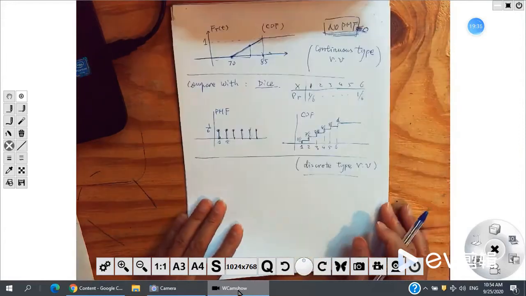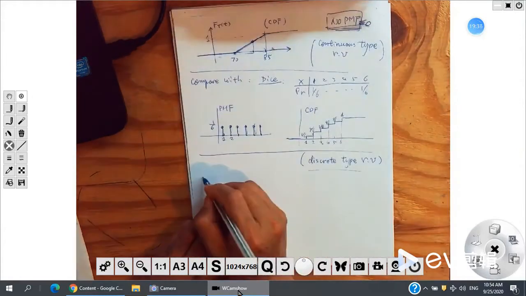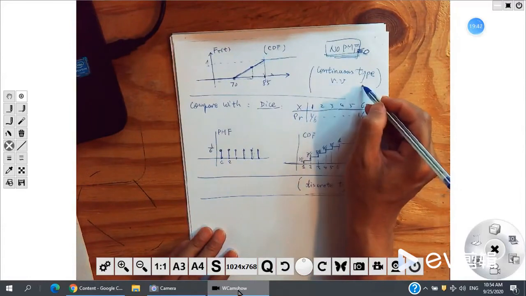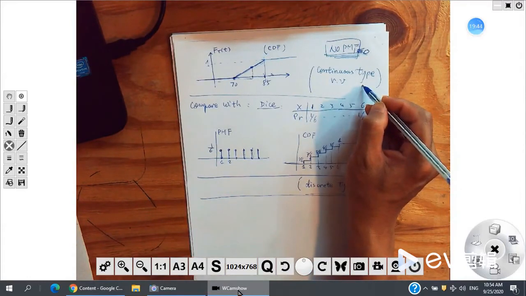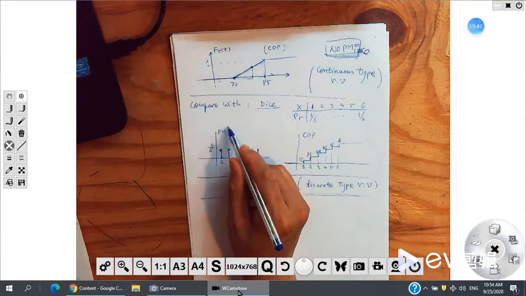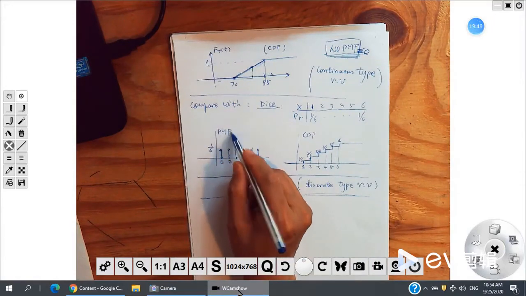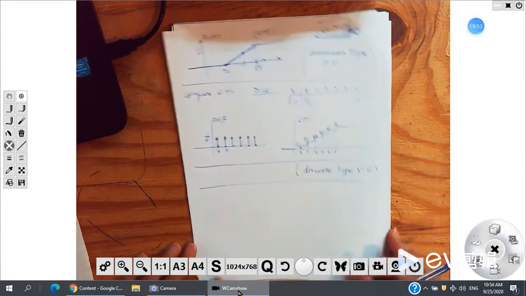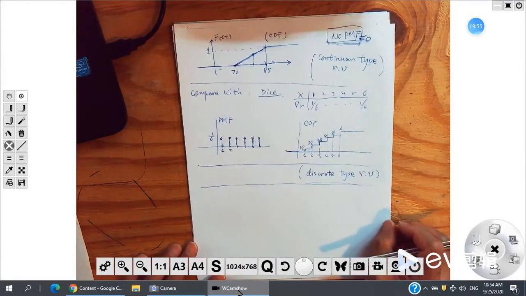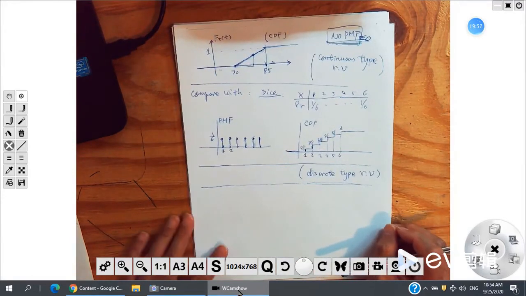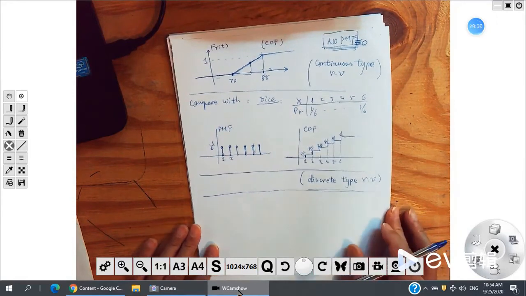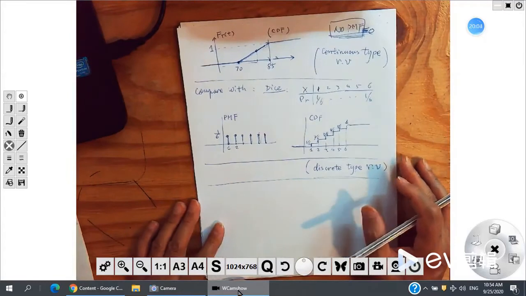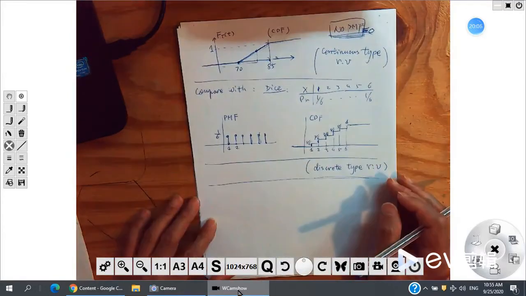All right, now we know what a continuous type random variable is. But then the problem is, can we have something similar to the PMF? Yes, we have that. We call it the density function. Remember, in physics you should have this concept. When you calculate the mass of an object, you can think of density.